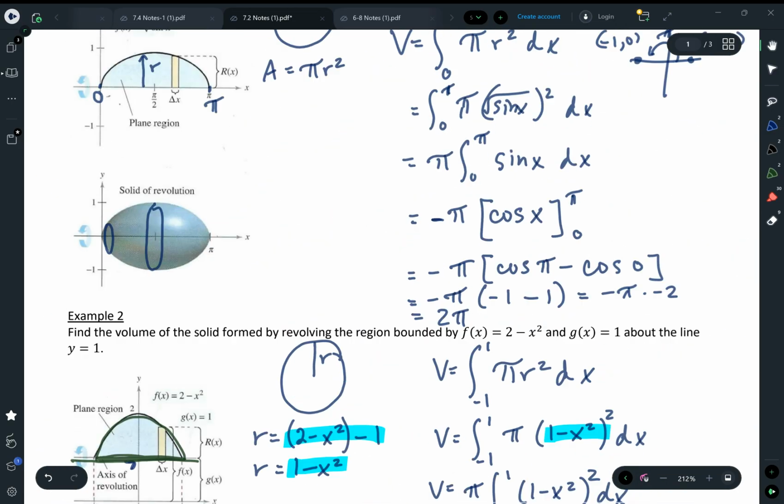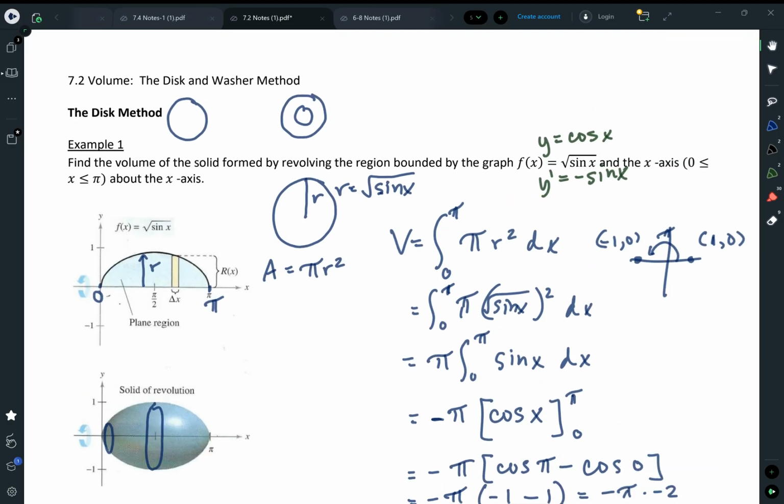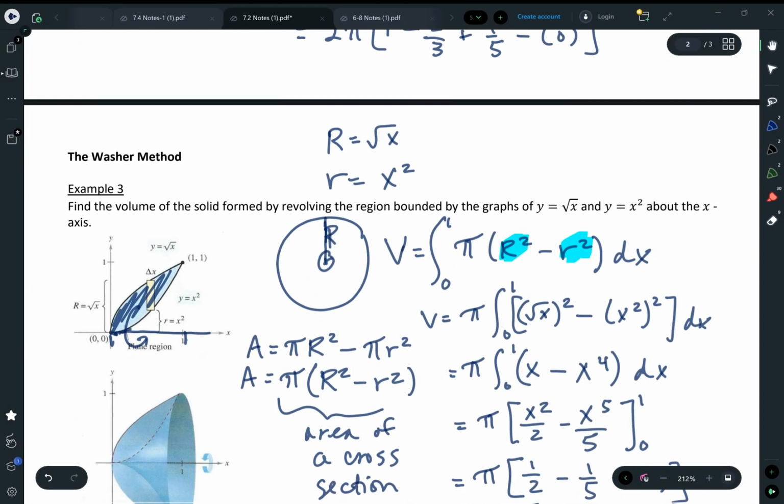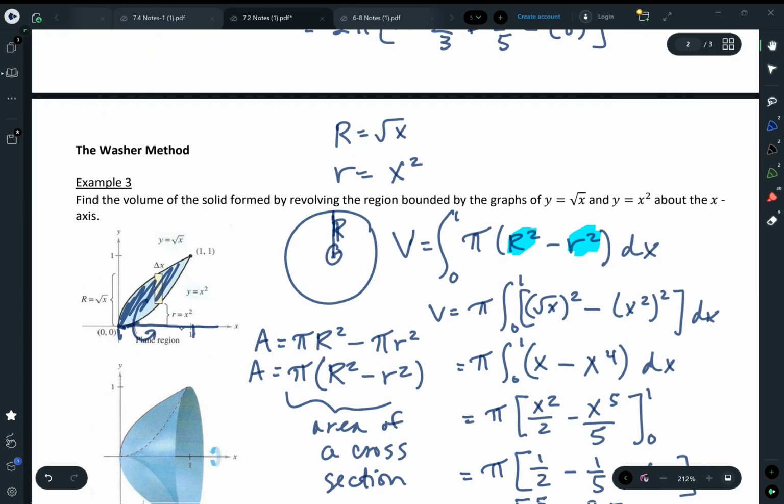So just kind of to go through what we've got, we're looking at now revolving shapes around the x or the y-axis. Some of our shapes that we're revolving are going to butt right up against the line we're revolving them around. So they'll be solid all the way through, and they'll make a disc shape. Some of the things that we are revolving are not going to be touching our axis that we're revolving around.